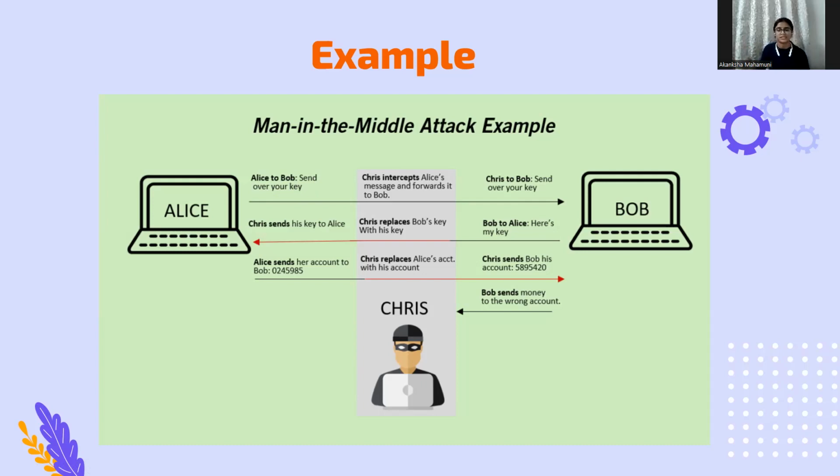Then there will be an interceptor, the attacker. His name is Chris. He will intercept this connection and forward the message or maybe manipulate it. When Alice requests the key from Bob, Chris intercepts it and forwards the request to Bob. After sending the key, Bob will send the key to Alice.